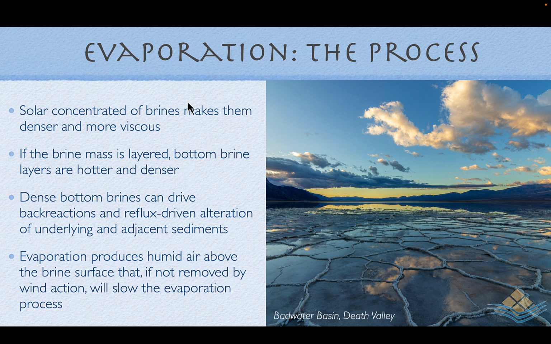The evaporation process, by definition, puts water molecules into the air above that evaporating brine mass. Whether or not that air above remains saturated with water, the humidity of that air mass controls the rate of evaporation. And so if we don't remove that overlying humid air by some sort of wind action, we'll actually slow the evaporation process down.